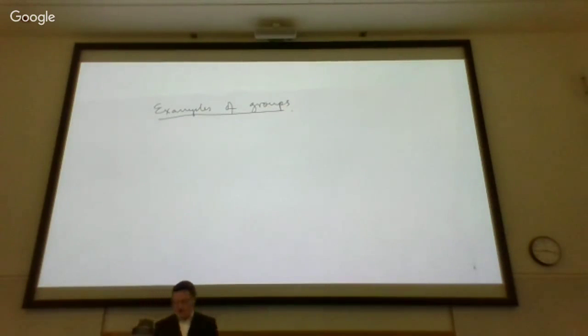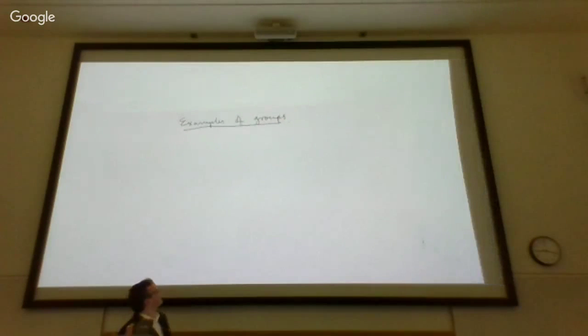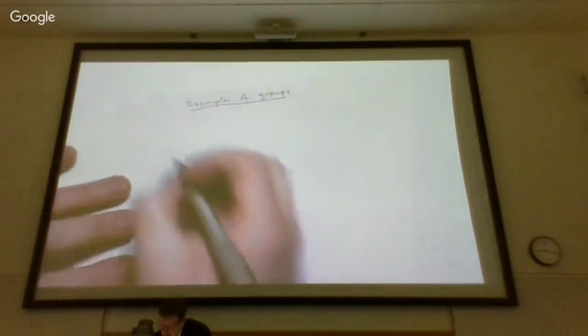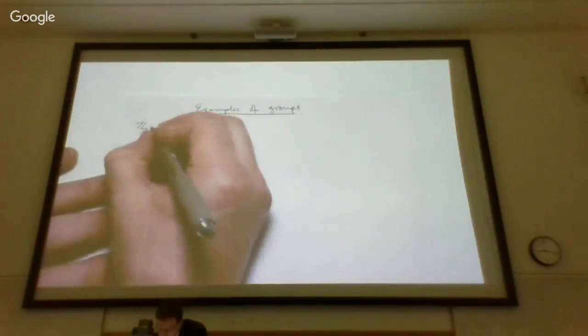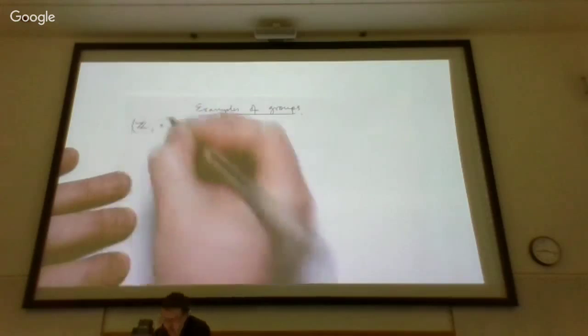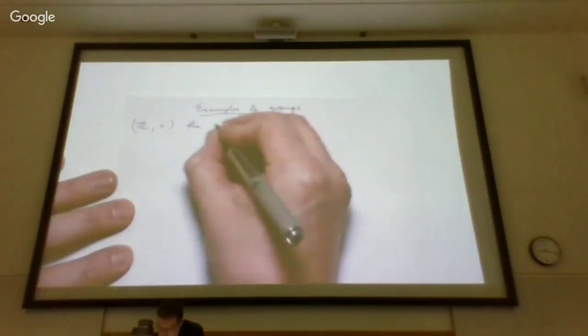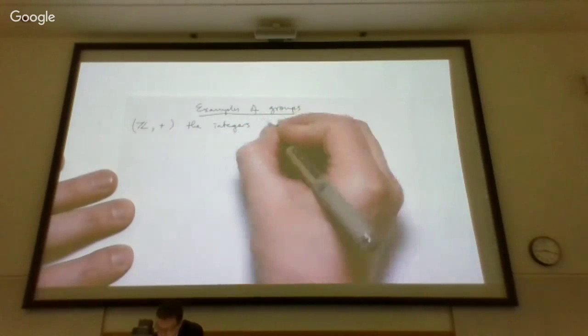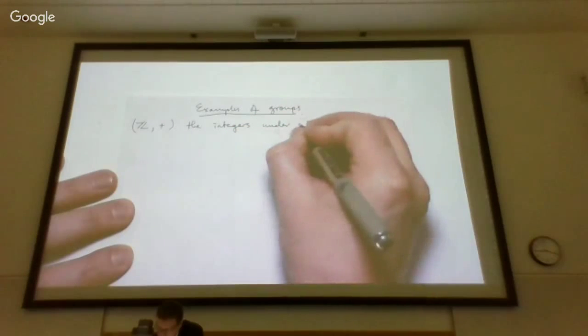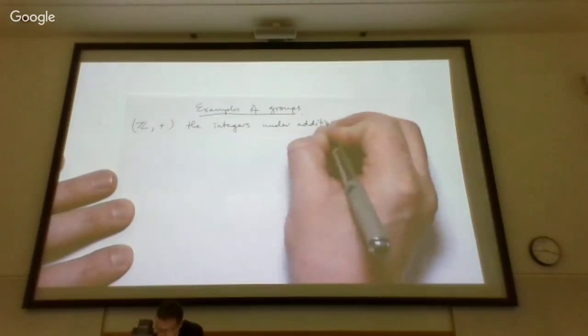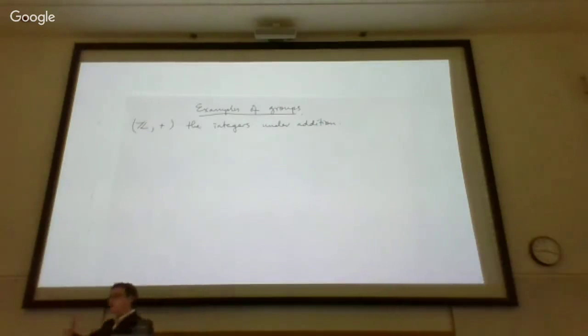Well, first of all, probably one of the most familiar or easy to write down examples is the system of the integers under addition. Okay? This is the integers under addition. So plus, regular primary school addition of numbers, the thing you're very familiar with, that's the binary operation here.